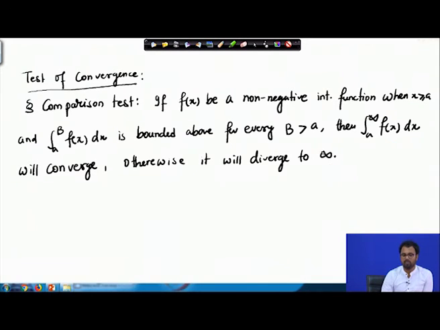Otherwise, it will diverge. So this is the comparison test of type 1, or simply comparison test 1.